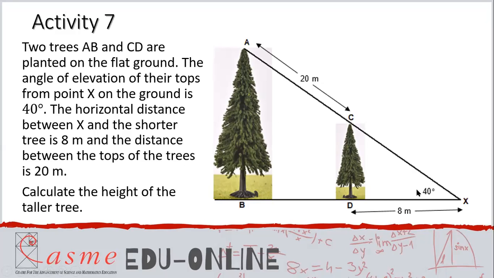And they say the horizontal distance between X and the shorter tree, this distance here, is 8 meters. And they say the distance between the top of the shorter tree and the top of the taller tree is 20 meters. Now they want us to find the height of the taller tree.